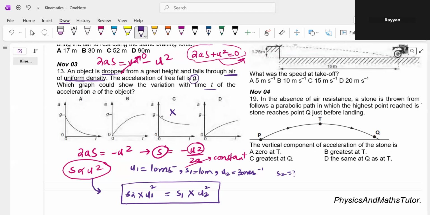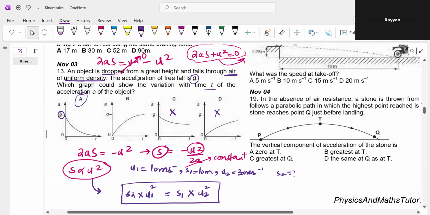Because we can see that this can't be C. It can't be D because D is increasing. It's A, because it decreases uniformly. It is decreasing with time. So this option A is correct.